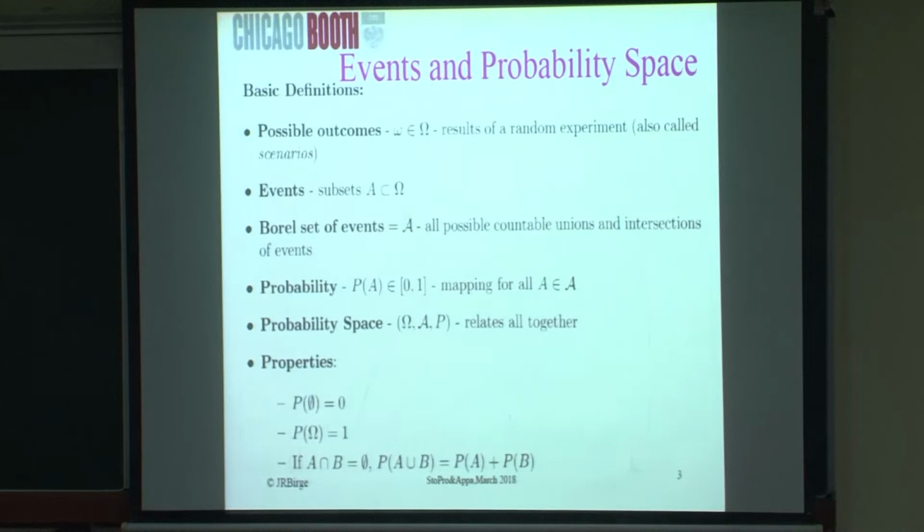So I get this behavior just from this simple set of properties: that the empty set has probability 0, the entire set itself has probability 1, and if there's an empty intersection, then I can sum the probabilities of the union.